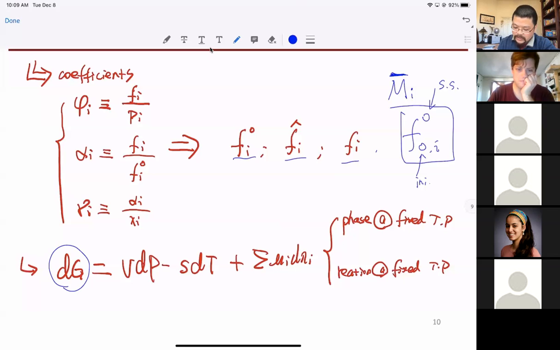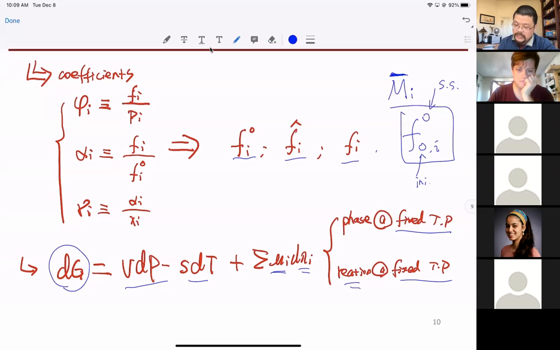Now I know that when we are looking at the phase and reaction, it's always at fixed temperature and pressure, then it's quite convenient for us to get rid of the first two terms, right? And there we can see that for the phase, it's basically the chemical potential calculation, because we are going to measure those terms.